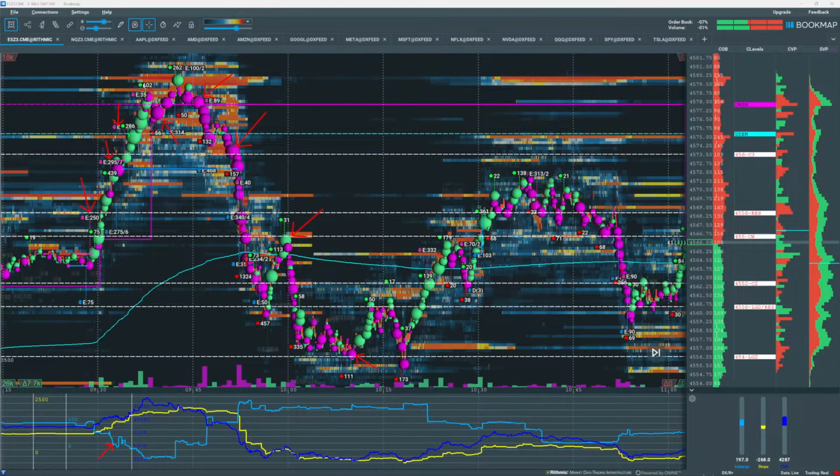Large traders selling with the iceberg orders as price moved up. This is pretty typical behavior of larger traders, selling strength, buying weakness. So as price started to drop, they started buying with iceberg orders.